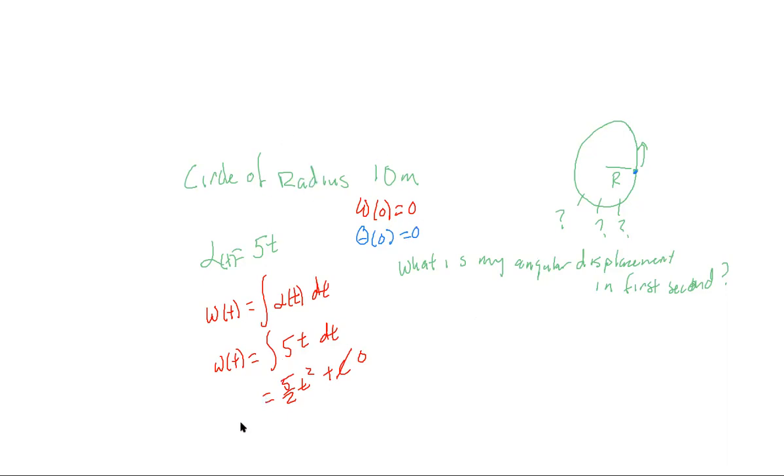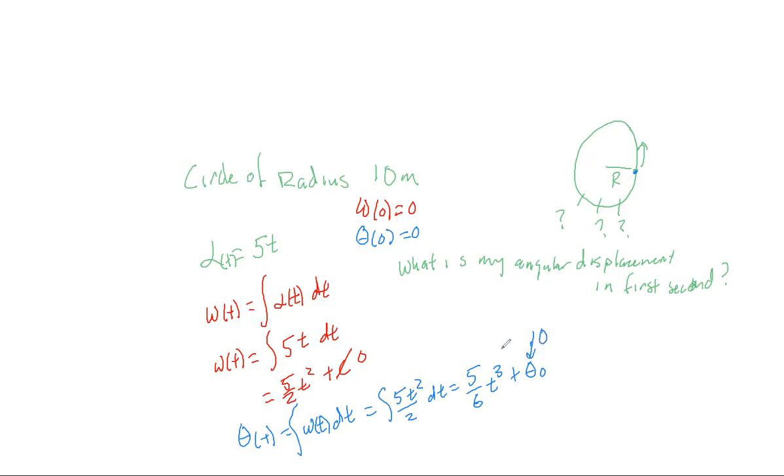Okay, so now I want to know my theta of t, but that's just the integral of omega t dt, which is here equal to the integral of 5 t squared over 2 dt, which is just 5/6 t cubed plus theta 0, my starting position.